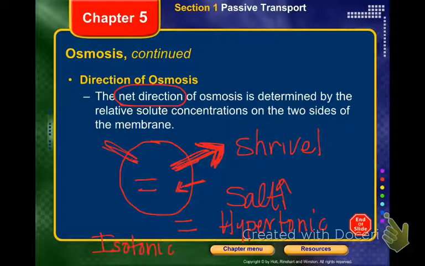And if the net movement of water was into the cell with a little bit of movement of water out, that's hypotonic. What would happen to the cell? It could potentially burst.